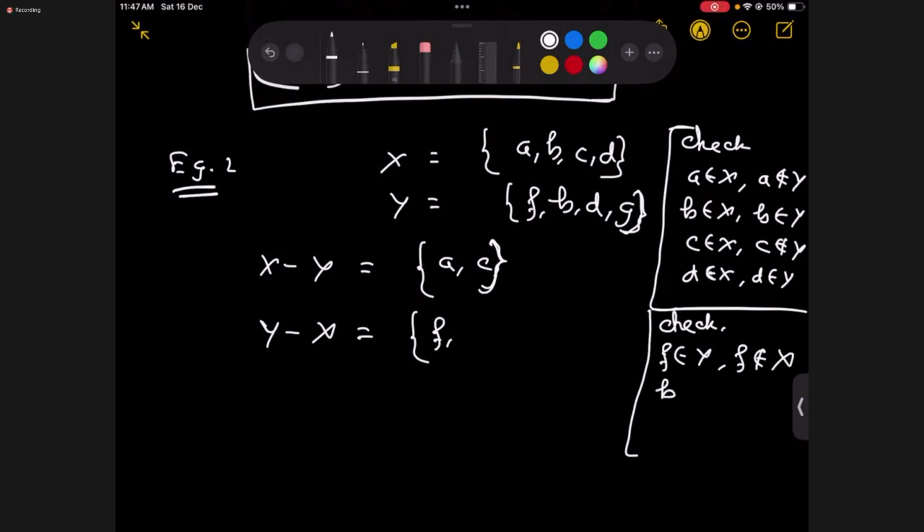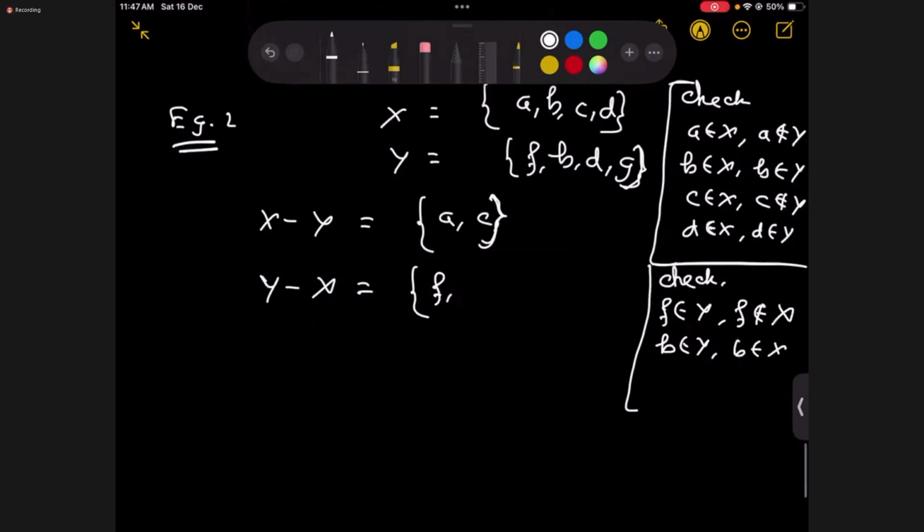What about B? B belongs to Y, B belongs to X. What about D? D belongs to Y, D belongs to X. What about G? G belongs to Y, G does not belong to X. So G.